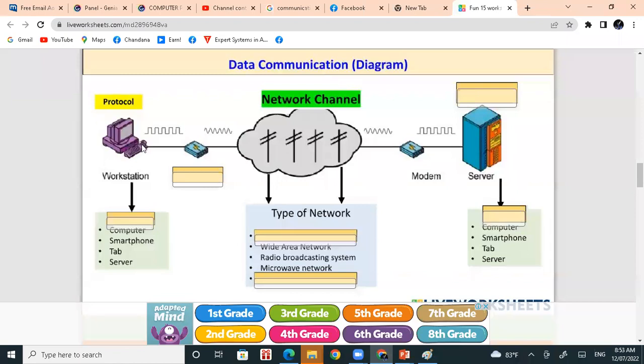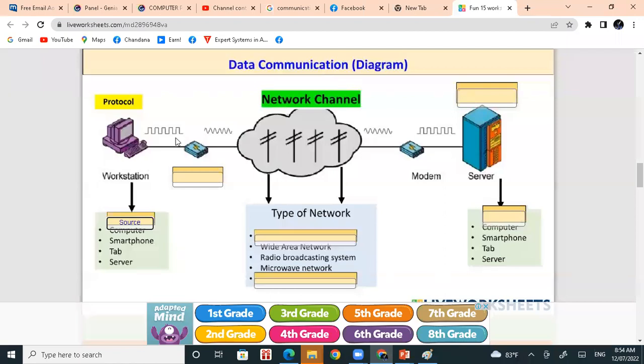Try to fill these blanks from left to right. The first blank, under workstation, has examples: computer, smartphone, tabs. What's the answer? Source.